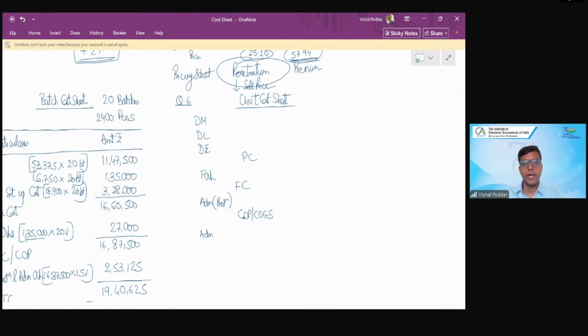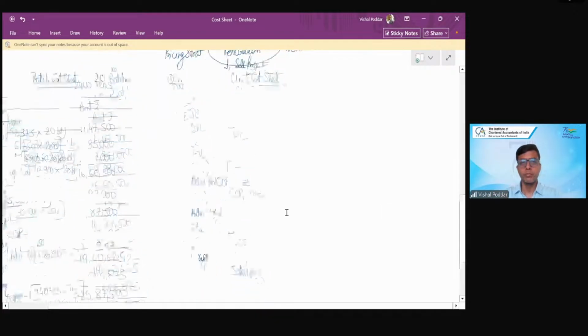Then again, I have admin, which is general. I have selling and distribution. This is COS. Then I have profit. And I will have sales, which is obviously per unit here because this is unit costing. Okay.